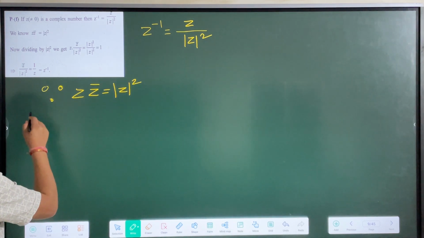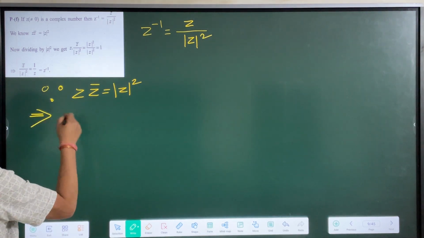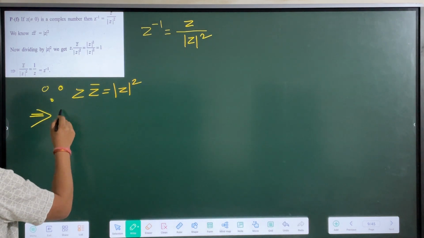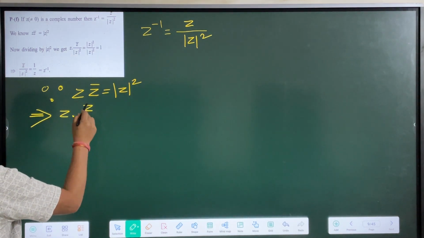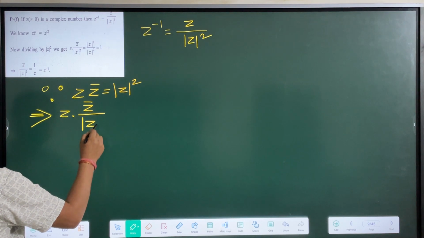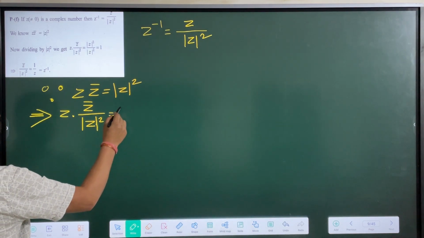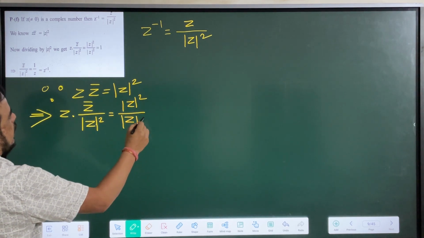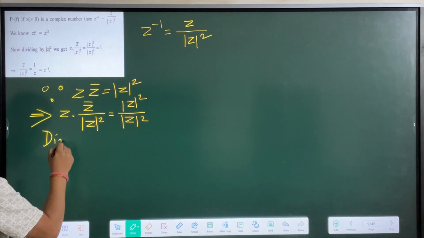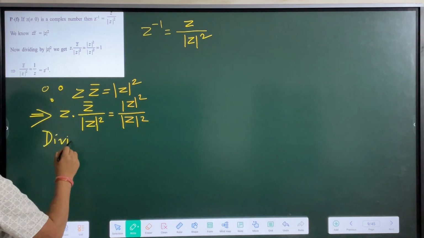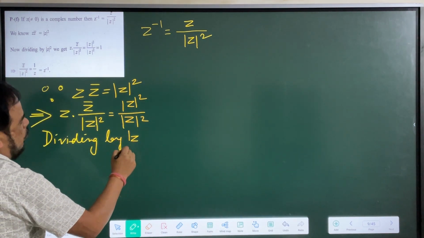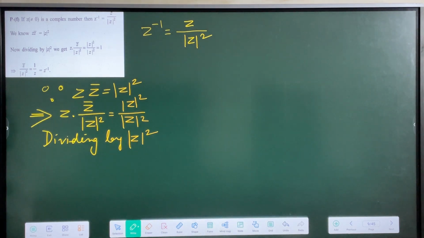Now both sides we will divide by mod Z square. Why we divide, you will understand. Z dot Z bar by mod Z square equals mod Z square by mod Z square.